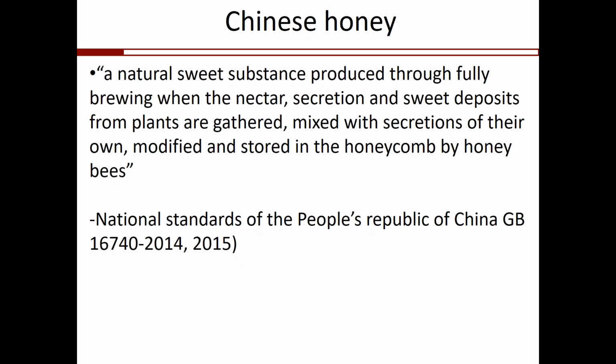But one thing that is omitted, that the European Union has, is that it does not specify that you can't add any additives or other types of sugar into your honey and dilute it. That's something that they don't have. So you can add other sources of sugar or sweeteners to dilute the honey, and you can still technically call it honey.